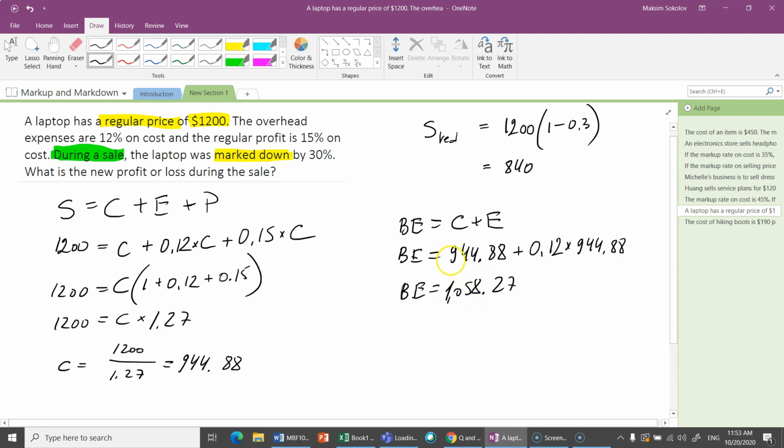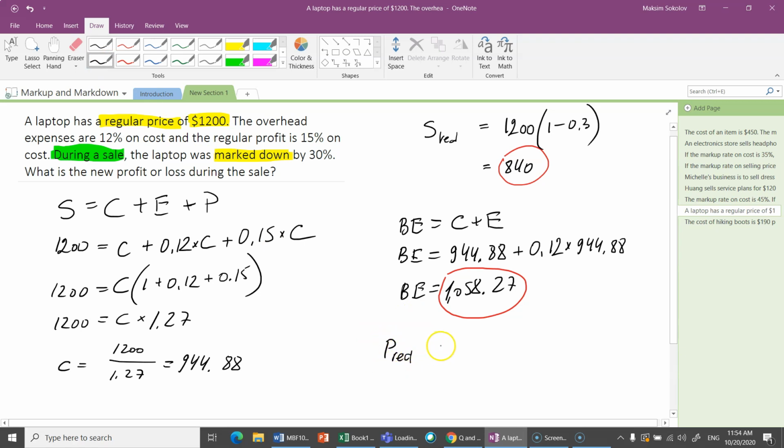That's the break-even price. What we need now is to compare this break-even price, and I remind you that break-even price is the price when we do not make any profit or do not experience any loss. We return our cost and expense, so we compare this break-even price with the reduced selling price. So the new profit and loss, which we can call P reduced, right?